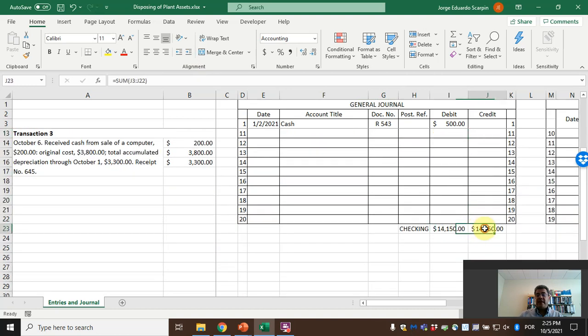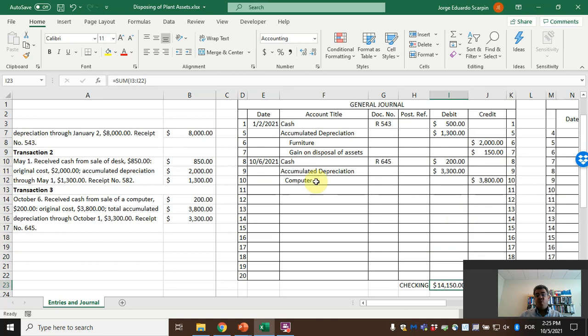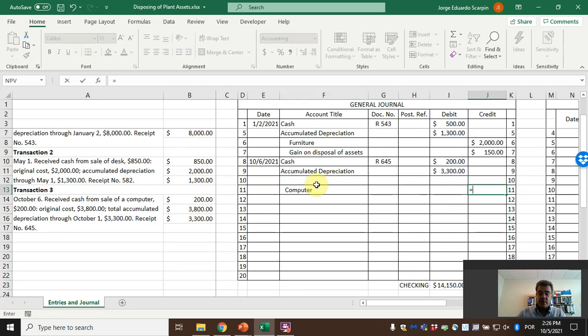What do we have now? We need a debit. So what do we usually do? First, on a journal entry, all of our debits, all of our credits. So let's move this computer to this one. But if you do debit, debit, credit, and debit, it is not wrong, but it's not usual. Okay?